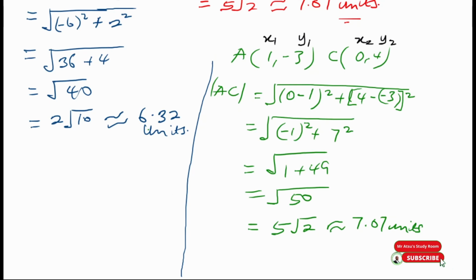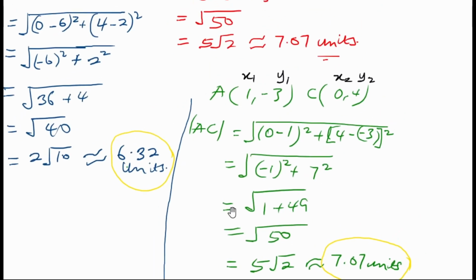All right. So now by comparing 1, 2, and then 3, we can see that the sides AB and AC have the same length, and then the side BC has a different length, and that is an isosceles triangle.